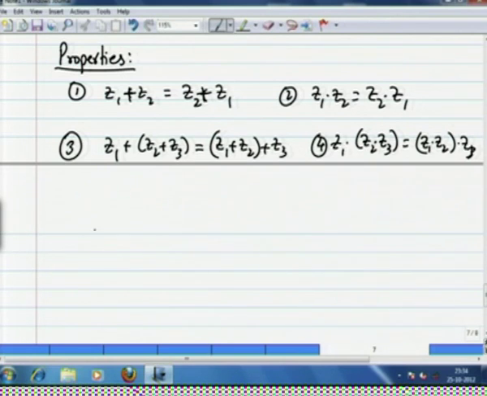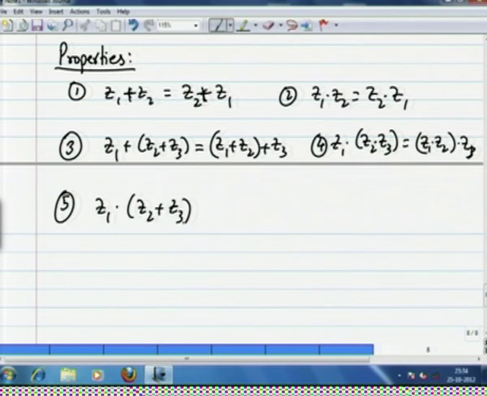And 5, z1 times (z2 plus z3). So, multiplication distributes over addition. So, z1 times (z2 plus z3) is the same as z1 times z2 plus z1 times z3.